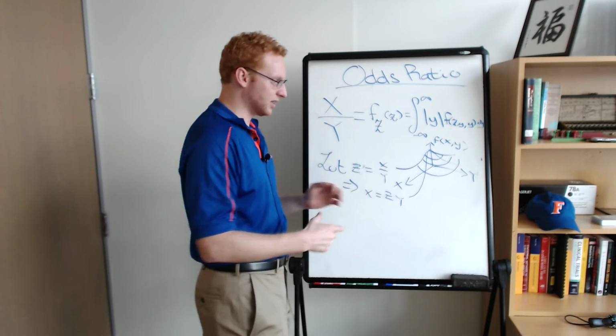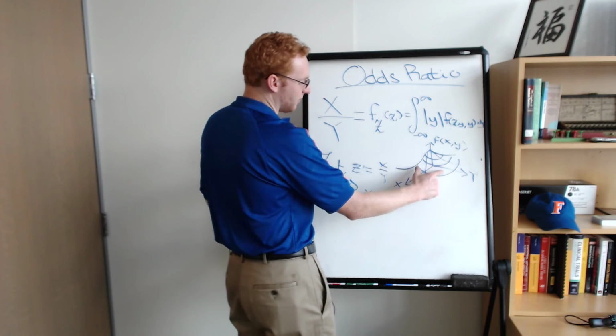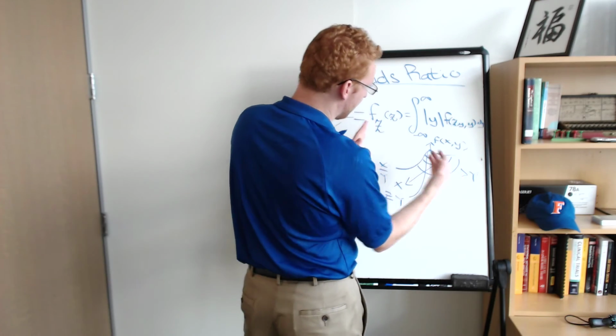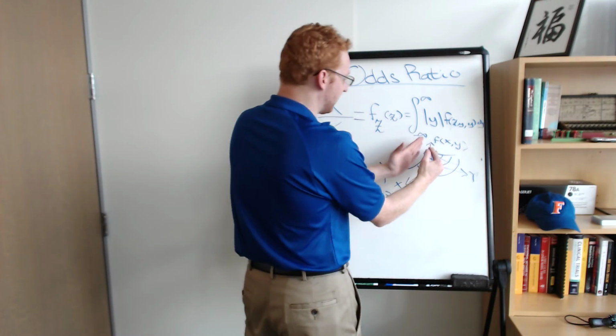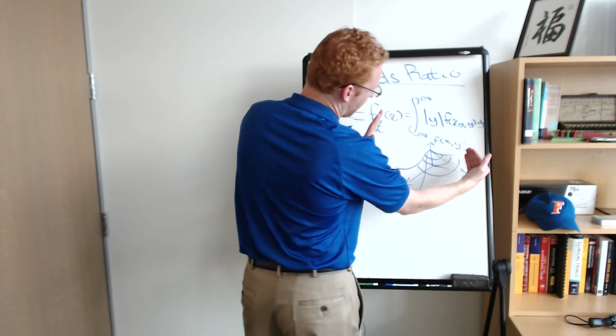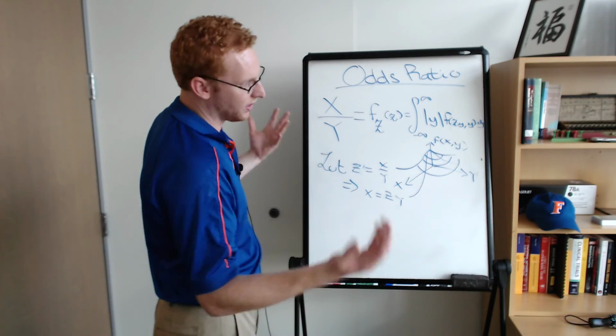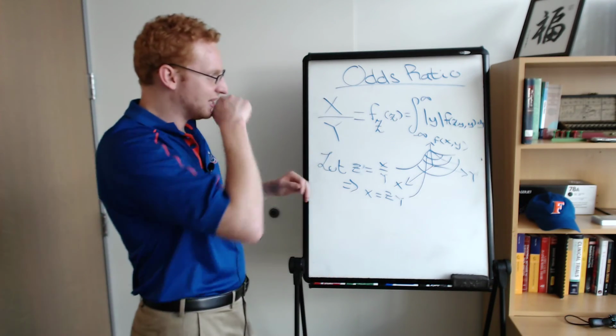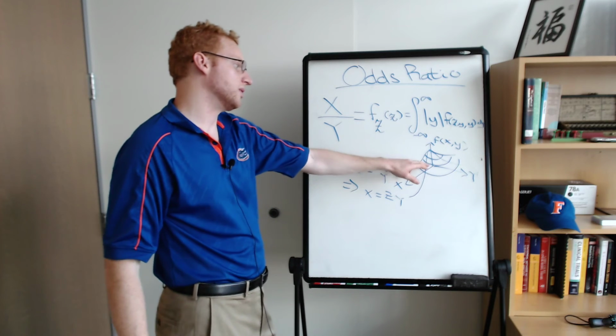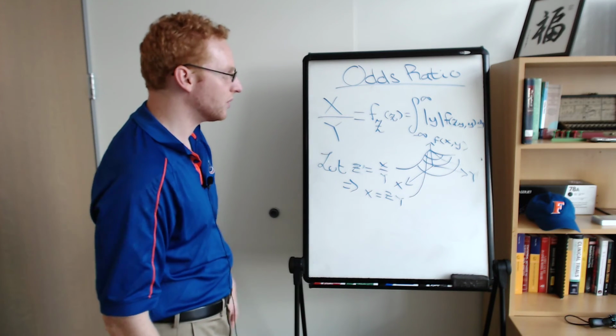In that case, it spends a lot of time. There's a lot more area. If z is a fraction like 0.5, this becomes twice as wide on the z-axis, so the area becomes twice the area. That gives it a lot of weight towards the center, towards the mode.